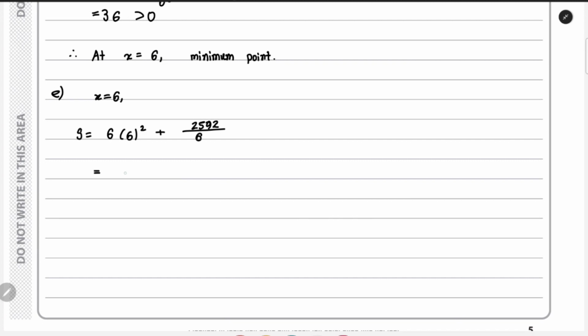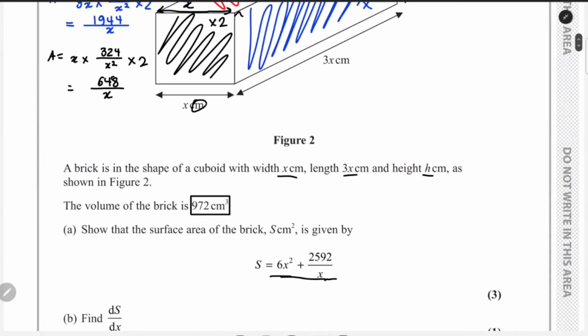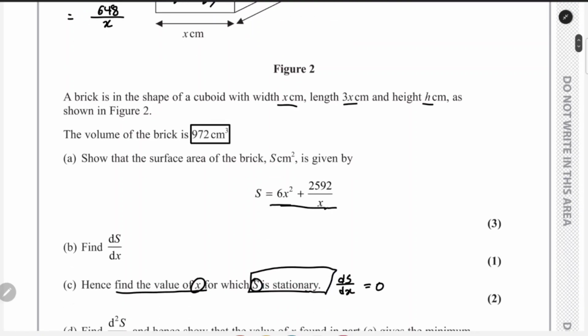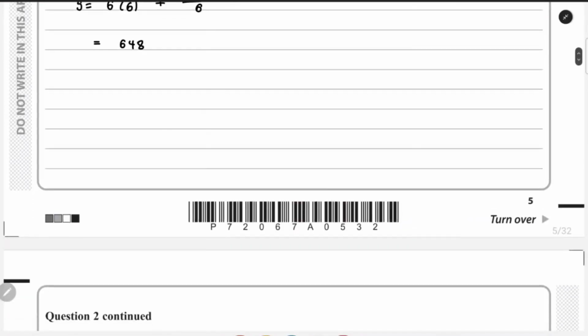If we calculate this, we get a value of 648. We have already written S in centimeters square, so we don't have to mention the units.